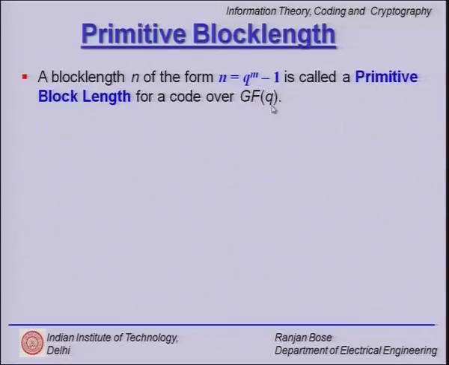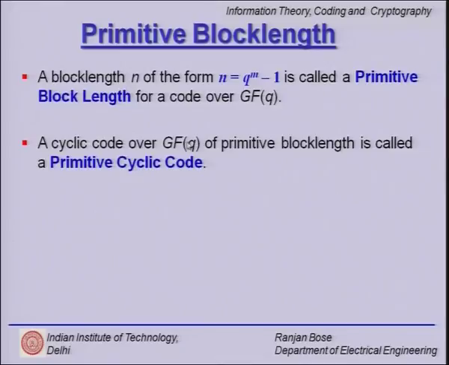So, it is not necessarily GF(2), yes, GF(2) will also be acceptable, but in general for GF(q) let us talk about a primitive block length n equal to q raised by m minus 1. Please note, for all BCH codes the starting point is a block length which probably has to be a primitive block length.